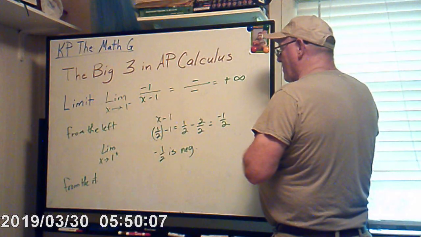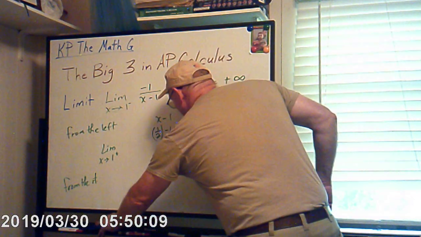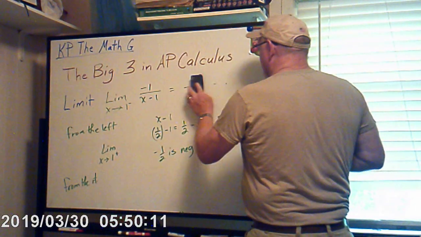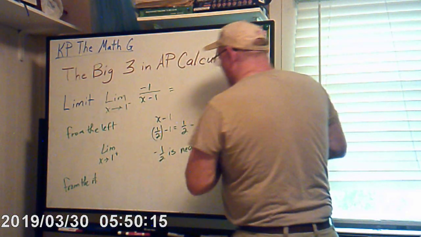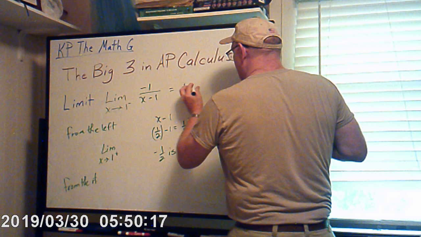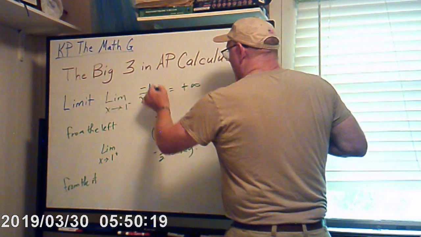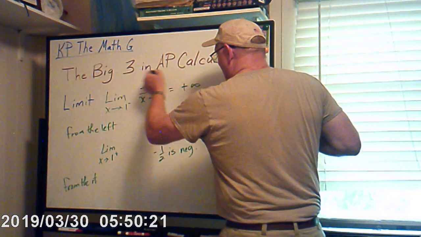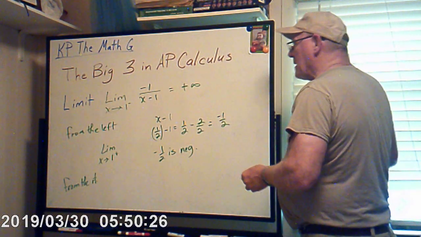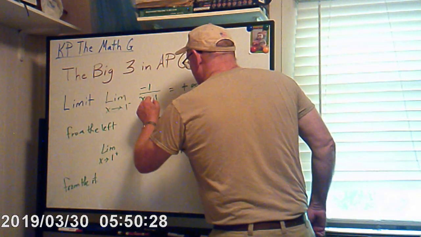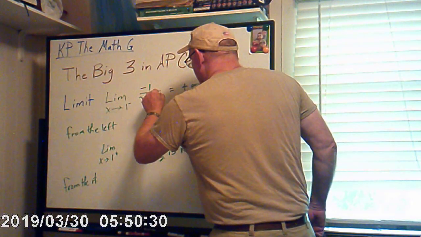Alright, so that's equal to, well, a negative over negative is positive, so let's just say this is positive infinity. We already know this one's going to stay negative all the time, isn't it? Okay. What does it look like to the left of whatever a is? A is 1.